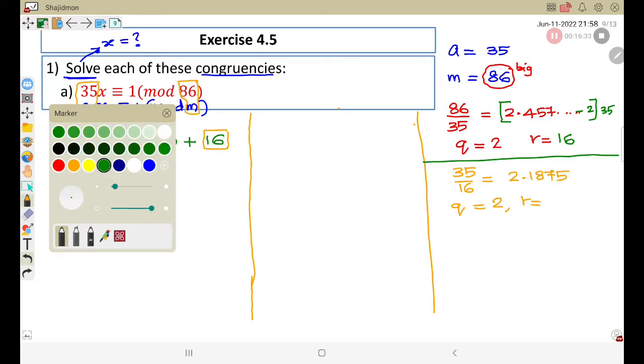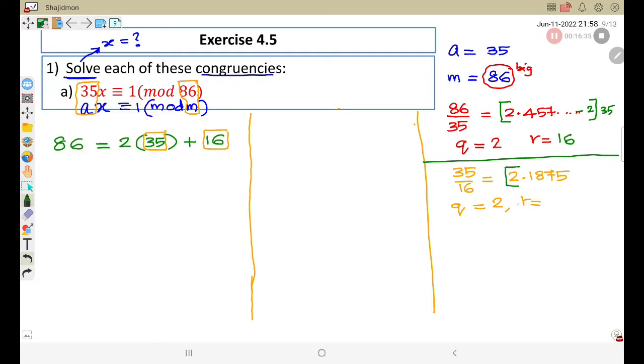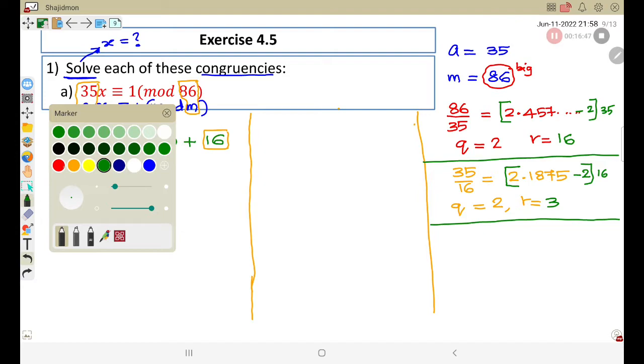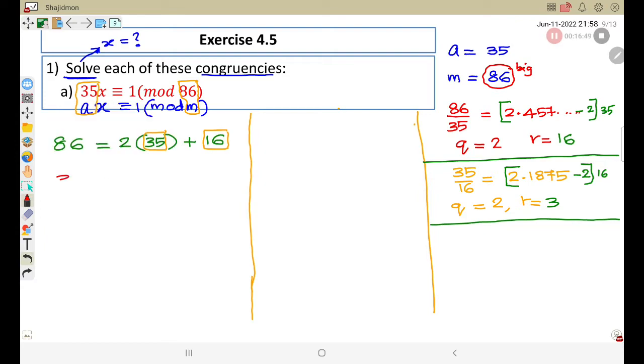This number, opposite of the quotient, minus 2, multiply the divisor number 16. So what will be the answer? 3, correct? Remainder equal to 3. You can practice with me by using calculator. So the second step we can write 35 equals 2 is the quotient, multiply divisor number is 16 plus remainder number is 3.